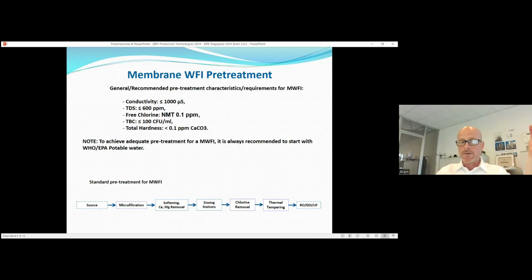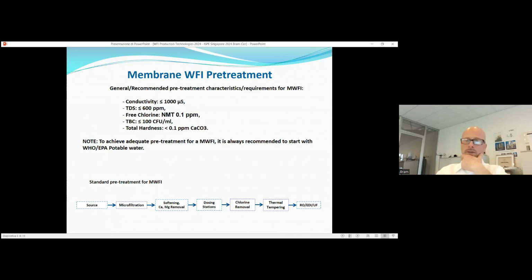The standard pretreatment for that kind of feed water is usually microfiltration, softening, and a dosing station. So we are talking about, for example, NaOH or anticoagulant or any kind of dosing. Also for chlorine removal, I have separated it in the scheme because chlorine removal can be obtained by two technologies.